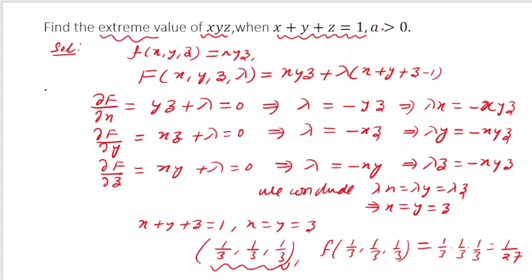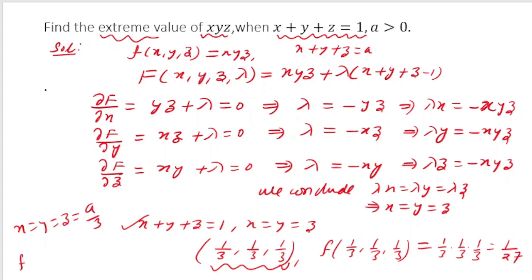Actually in the problem you might be thinking, sir, what is this a greater than 0? So basically the question actually had a small misprint here. If you take x plus y plus z is equal to a, as a separate question, then you will get x is equal to y is equal to z is equal to a by 3.